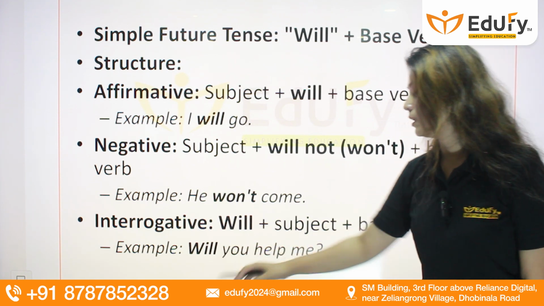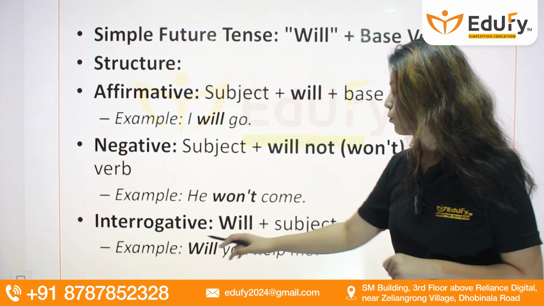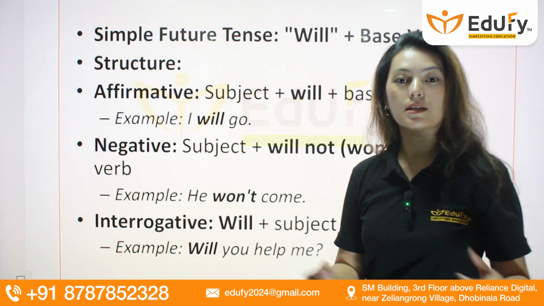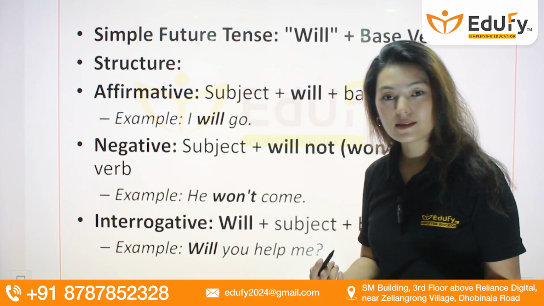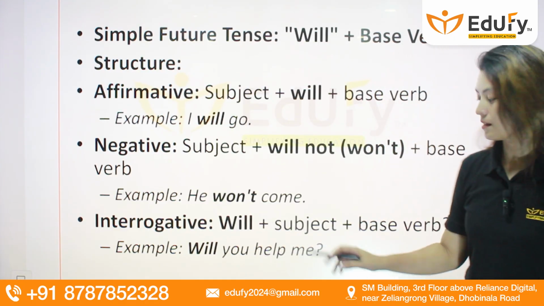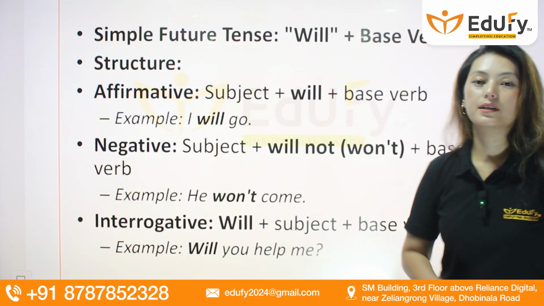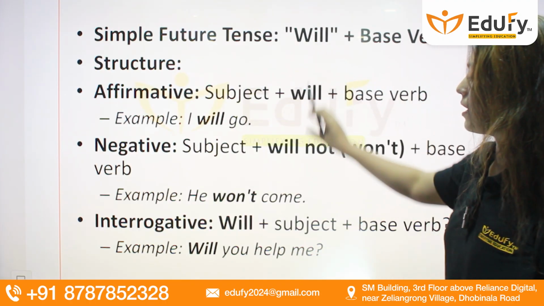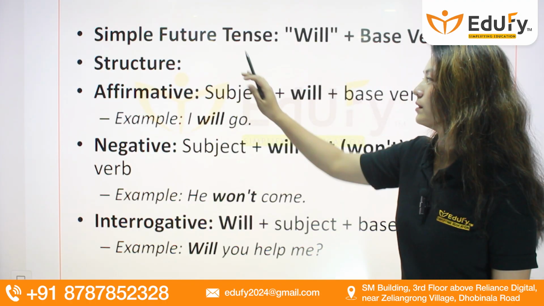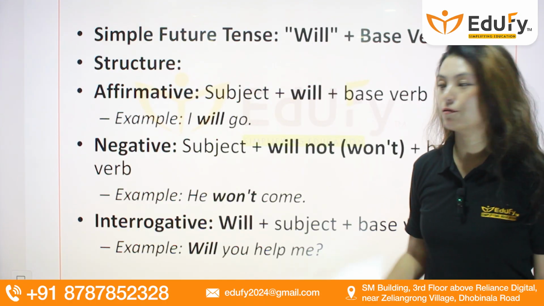For example, will you help me? So will becomes the auxiliary verb that comes at the beginning of the sentence to ask a question, and you is the subject according to the structure here, and then help me. Help is the base verb. These are the various forms of the tense that is simple future tense.